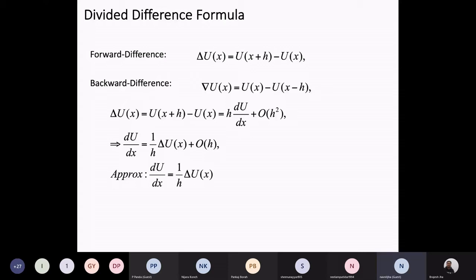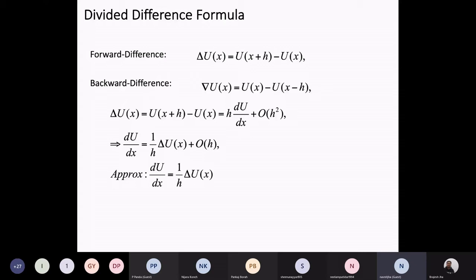There are some basic formulas which you are all familiar with. I am just going to recall them in the next 2-3 minutes. The forward difference operator is nothing but u of x plus h minus u of x. The backward difference operator is u of x minus u of x minus h.